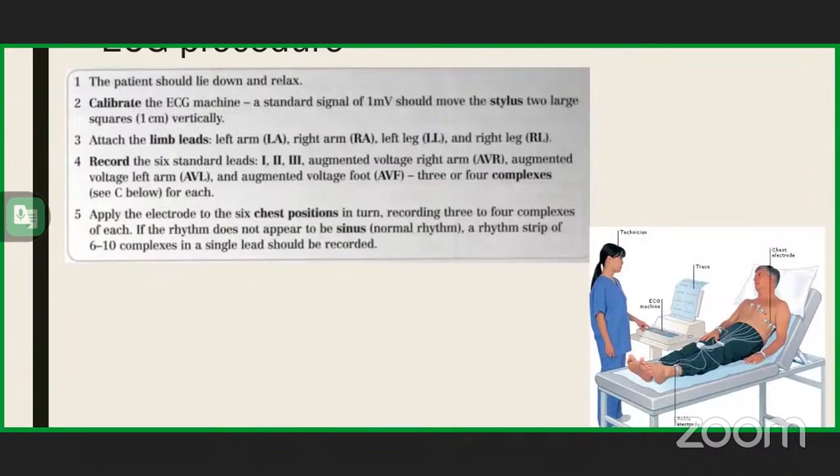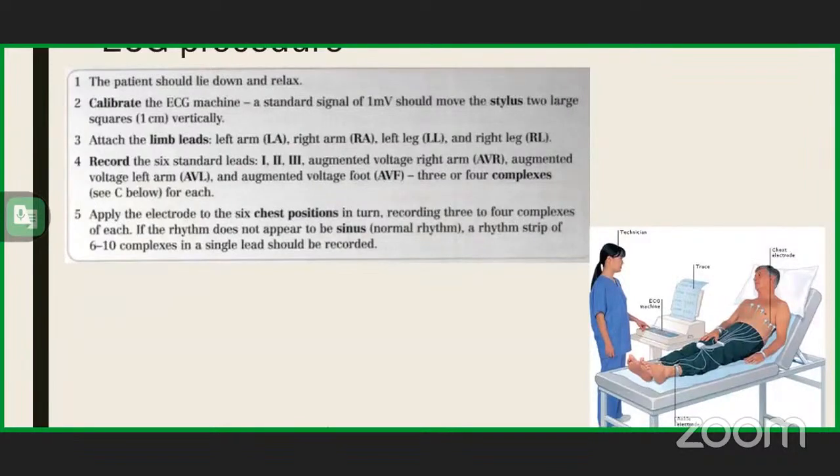We calibrate the ECG machine. We go to the standard signals. And we attach the limb leads: left arm, left leg, and right leg. Then we record the 6 standard leads: 1, 2, 3, and the AVR, AVL, AVF complexes.